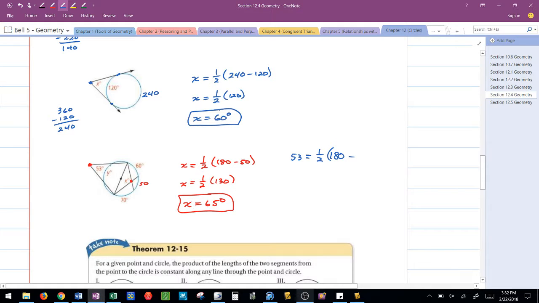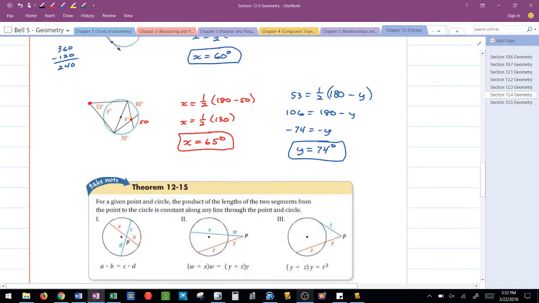And y, we don't know. All right, so to figure out y now, I'm going to get rid of this half by doubling 53. 106 is equal to 180 minus y. I'm going to subtract 180, so that gives me negative 74 is equal to negative y, or y is equal to 74 degrees.